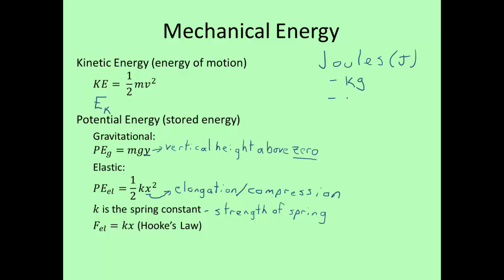The speed must be measured in meters per second, and the vertical height along with the elongation or the compression must be measured in meters. If you have different units than this in your individual mass, velocity, or distances, then you are not going to end up with joules for your units of mechanical energy. So keep that in mind when you're solving problems.